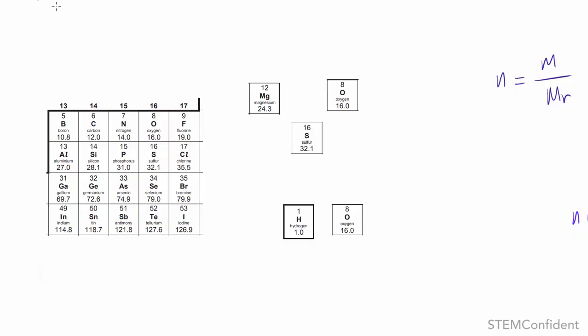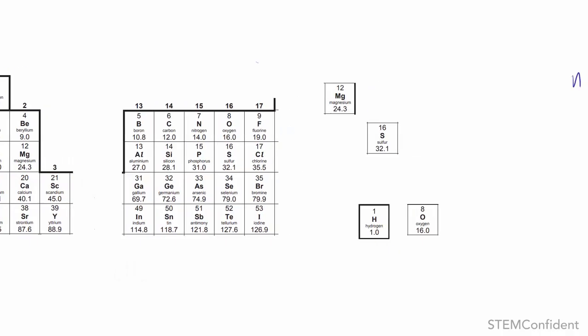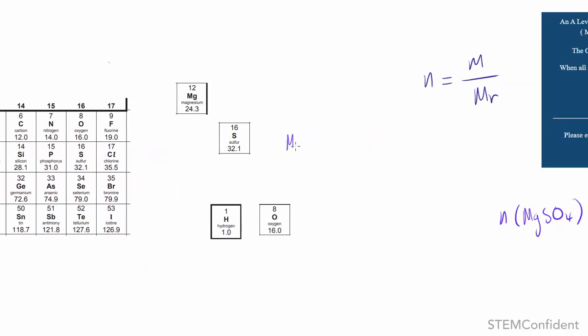Okay, so for magnesium we've got 24.3, so say Mr of MgSO₄ equals 24.3 plus, and then for sulfur we've got here 32.1, and then the O4 component, which is going to be plus effectively 4 times 16, right?